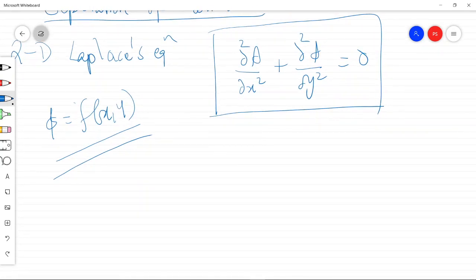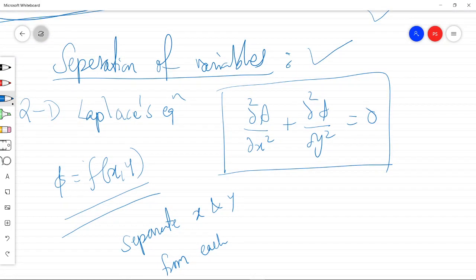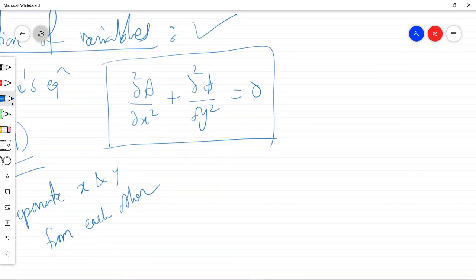Now in this case, we won't be able to integrate directly. So somehow we have to separate the variables x and y from each other, and hence the name separation of variables. This can be done in the following way.